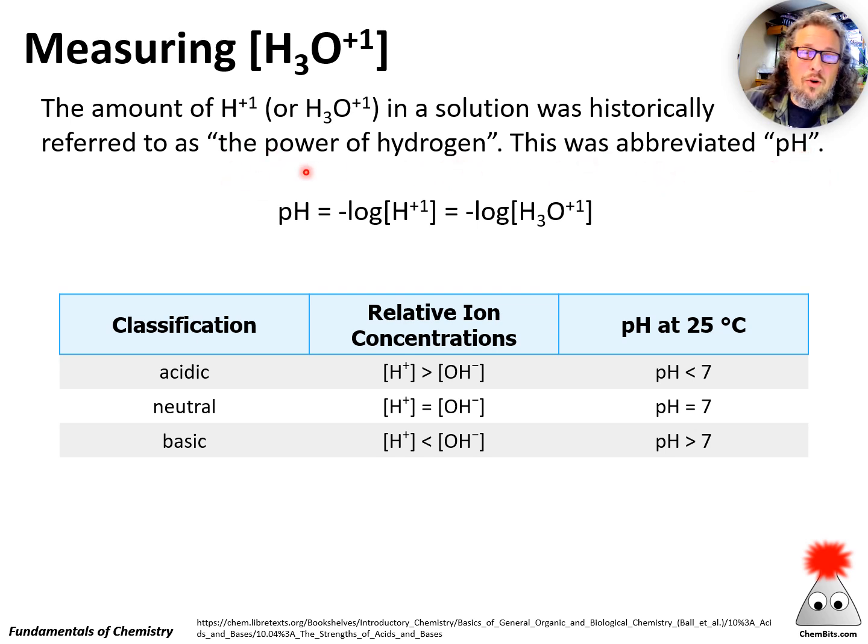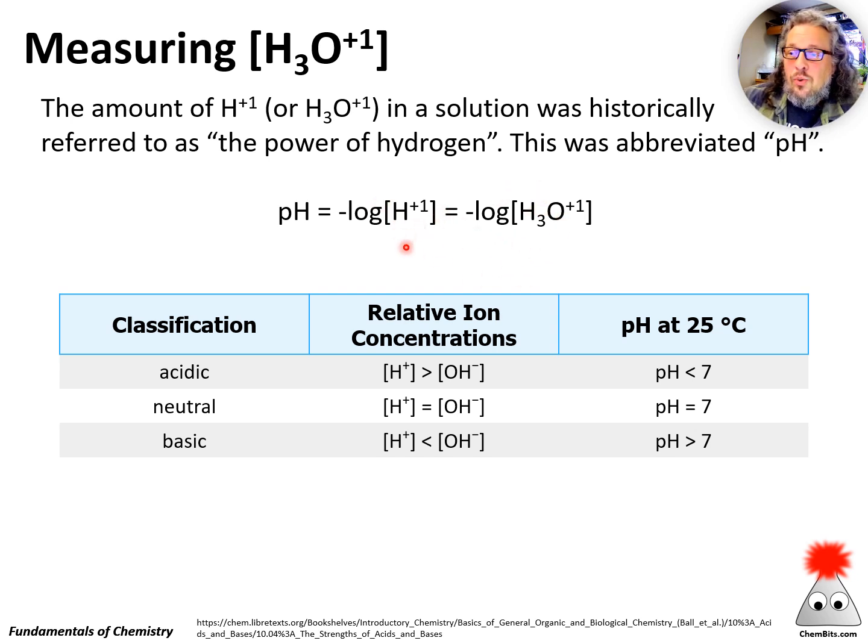So whether it's power or potential, it's pH. And the pH is equal to the negative log of the H plus concentration or the negative log of the H3O plus concentration. These are completely interchangeable. They mean exactly the same thing when we're in aqueous solution.